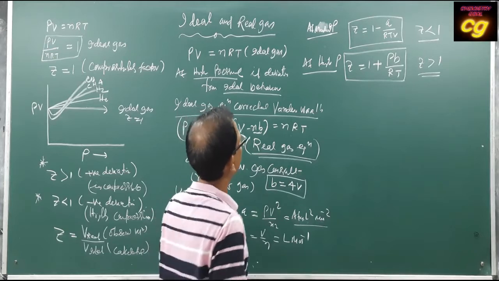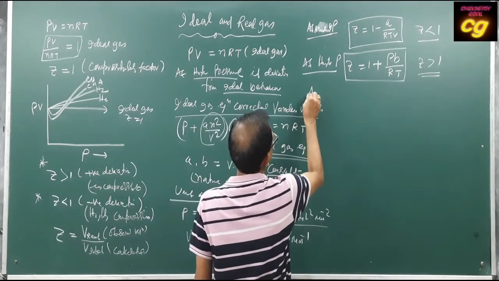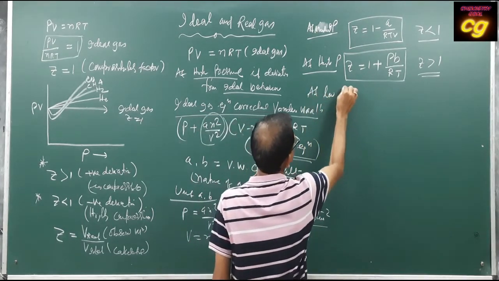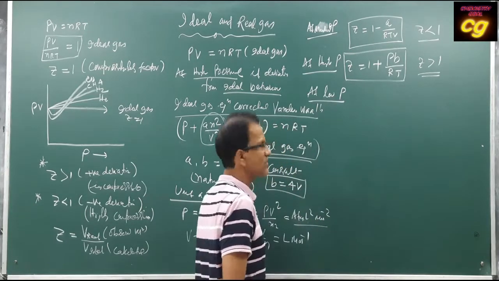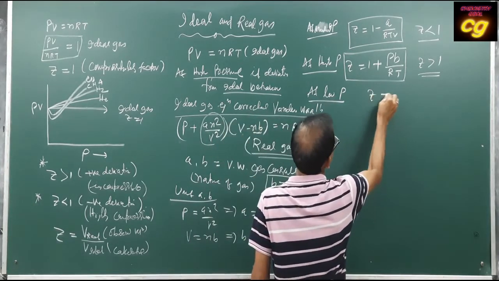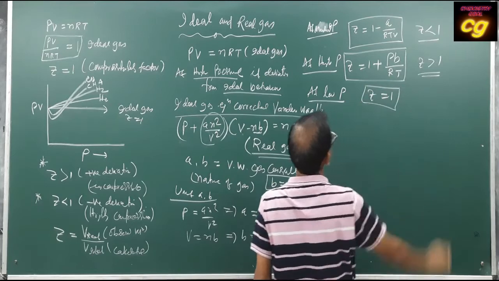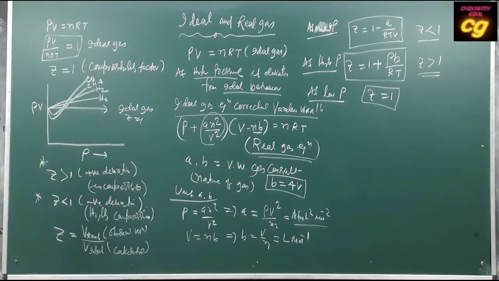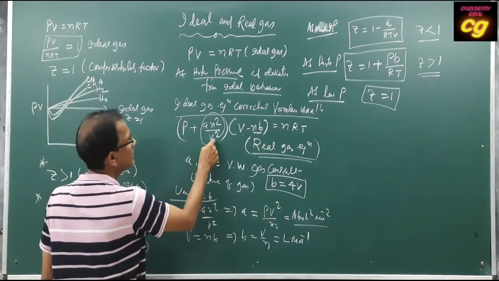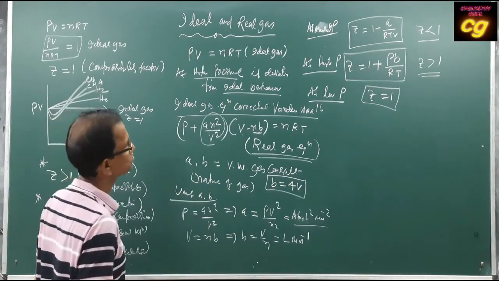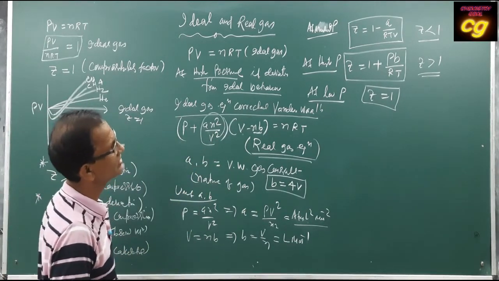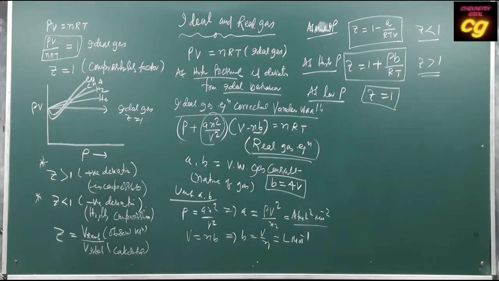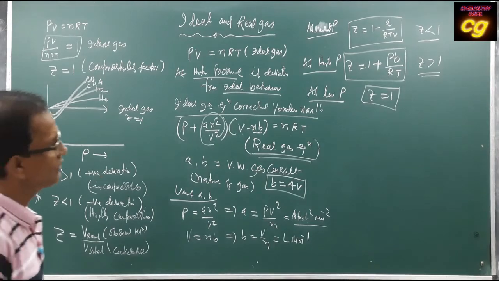But at very low pressure, Z is equal to 1. If pressure is very low, then volume will be very high. So this is regarding the relation of the Z value.